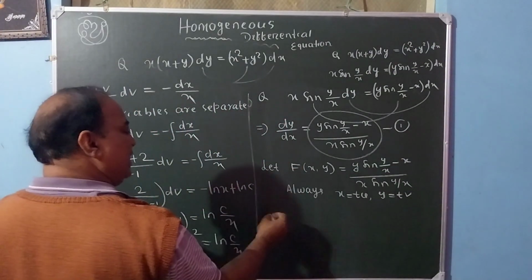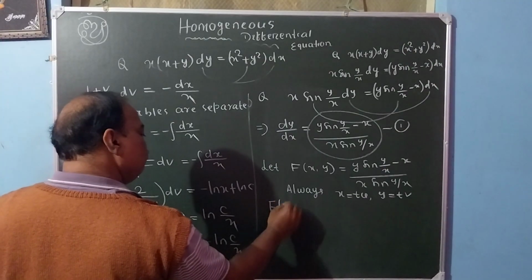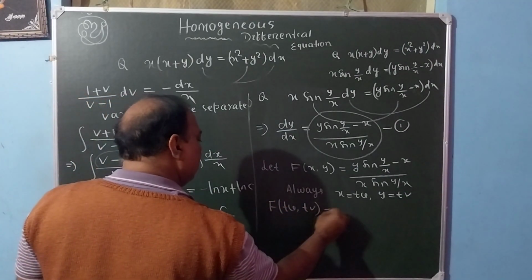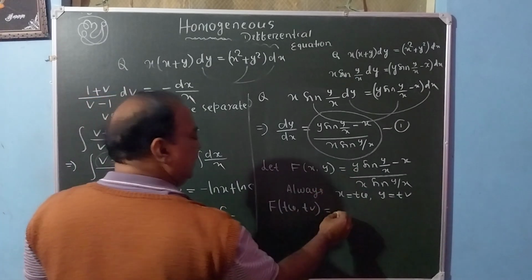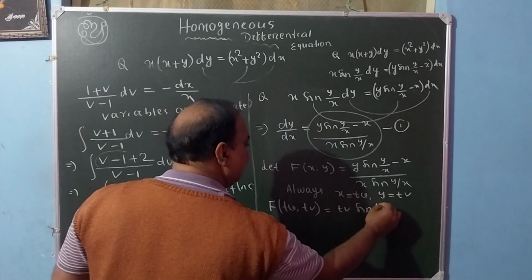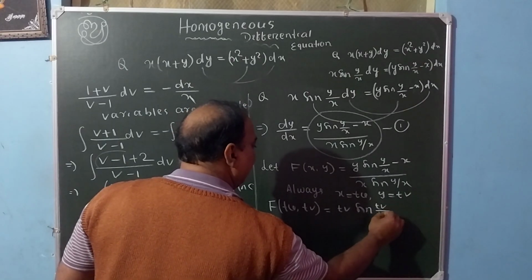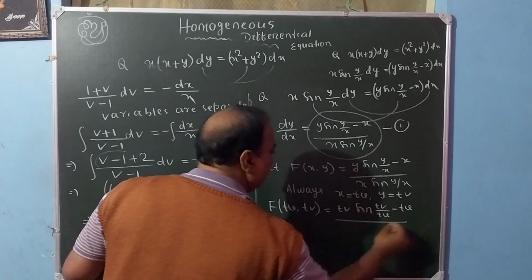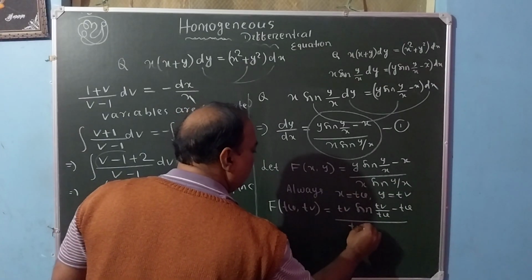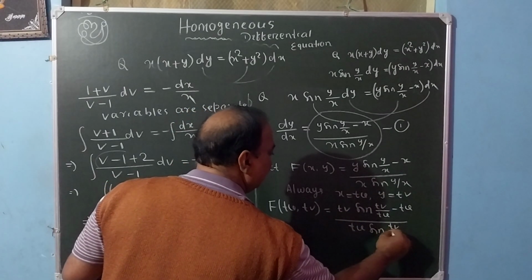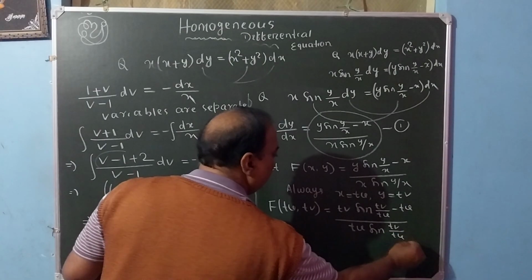So f of tu tv is equal to, in place of y it is tv sin tv by tu minus tu divided by tu sin tv by tu.